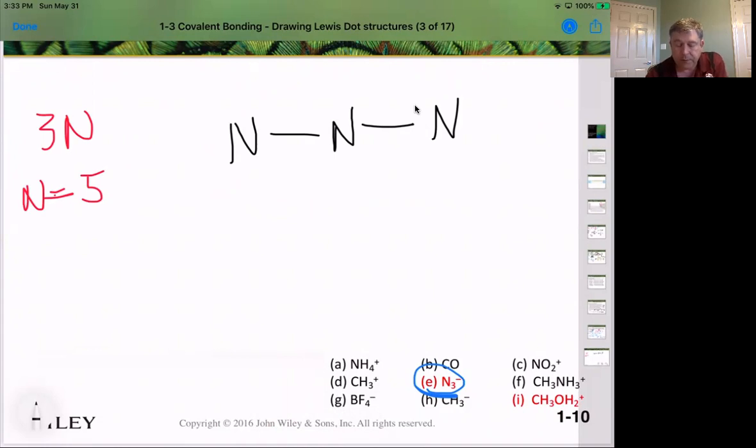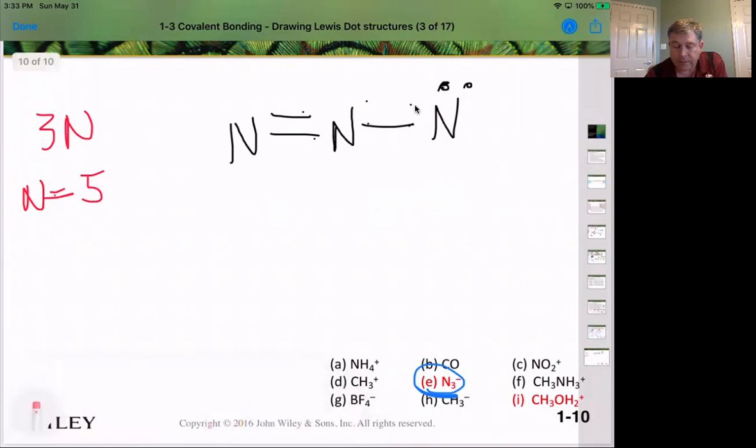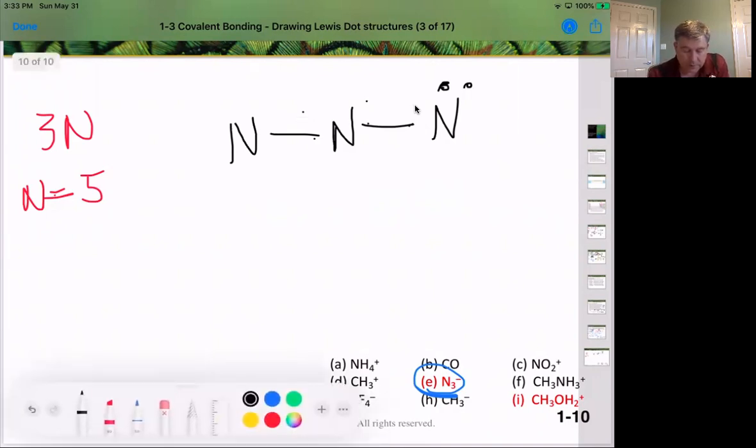Okay, so nitrogen has to have, let's say, right here, 1, 2, 3, 4. Let's see. Nitrogen brought 5 electrons. Let's just start with putting the 5 electrons around each of the nitrogens first.